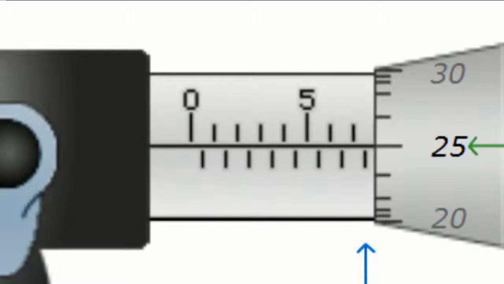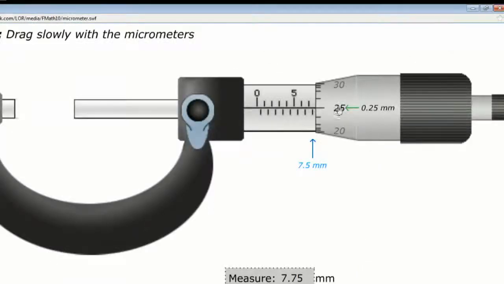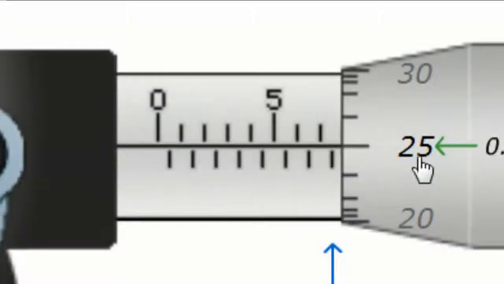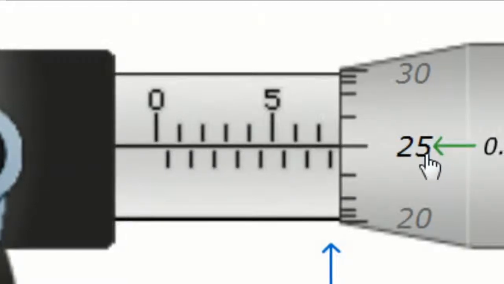The second scale is the one that here is right here with the green line next to it. When you see this 25, it is going to be 25 after this. So if this is 5, this is 5.5, this is 6, this is 6.5, this is 7, this is 7.5, and then we're adding another 25 onto it.